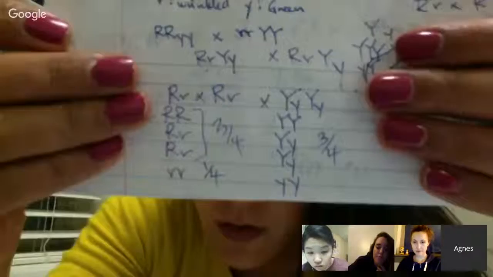Yeah. So then I took the 3/4 of round and the 3/4 of yellow, because those are the only traits it's asking about. It doesn't matter in what combination, because it will show those traits. Then you multiply those two, so it's 9 out of 16.